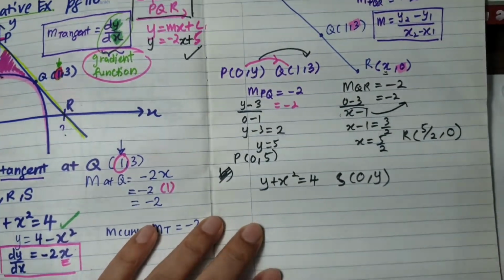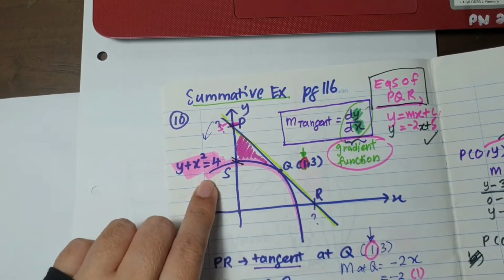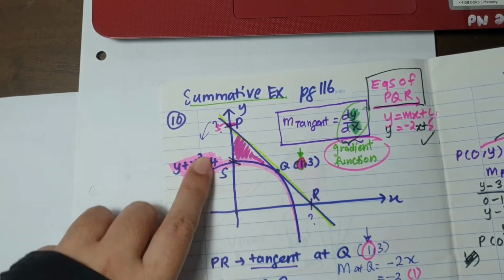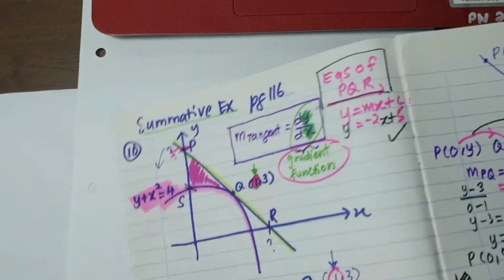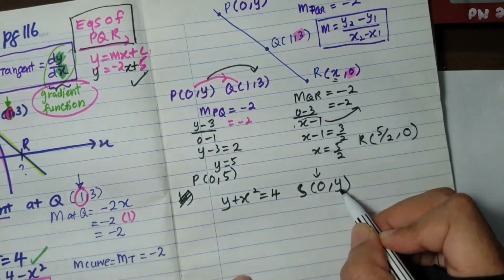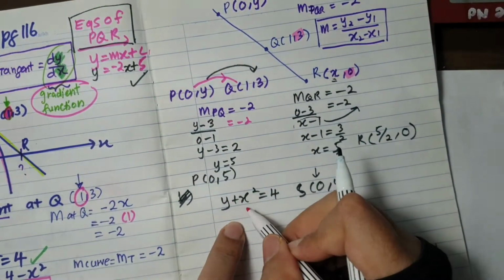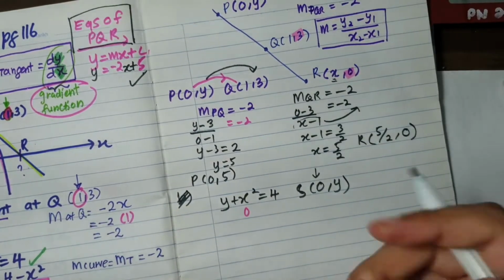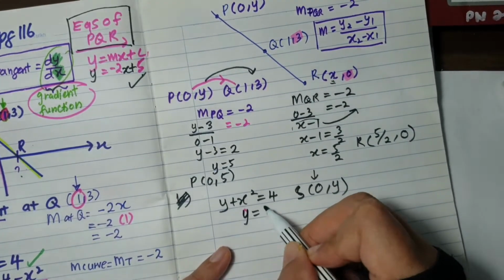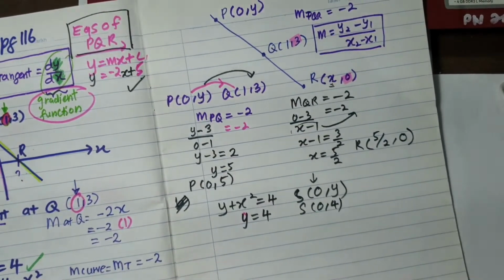Y yang tak tahu. Okay, ni. So, kita guna konsep coordinates of a point lying on a curve, satisfying equation of the curve. So, maknanya kalau kita tahu salah satu koordinat, kita boleh cari yang satu lagi. So, dalam kes ni x adalah 0. So, y mesti apa? Y dia jadilah 4. Kalau dah ni 0, y is 4 lah. So, S adalah 0, 4. So, let's mark here 4.